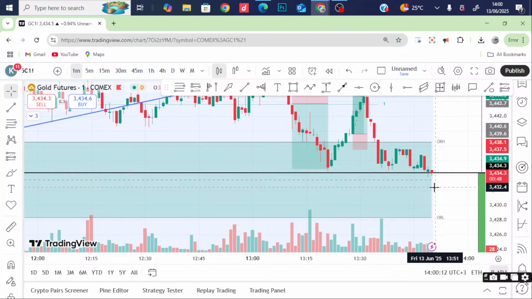So since there is a rejection, we shall see how the bulls and bears will fight over it. Oh, there is already a rejection. The rejection has already occurred.